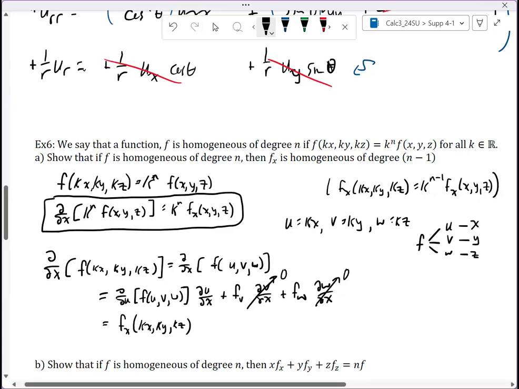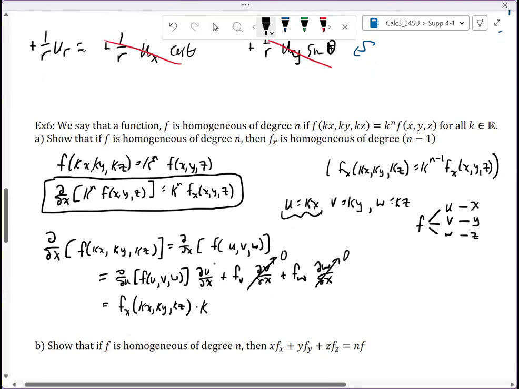And then what's the partial of u with respect to x? Well, here we do have times k. So taking the partial with respect to x of the left-hand side gives me this.